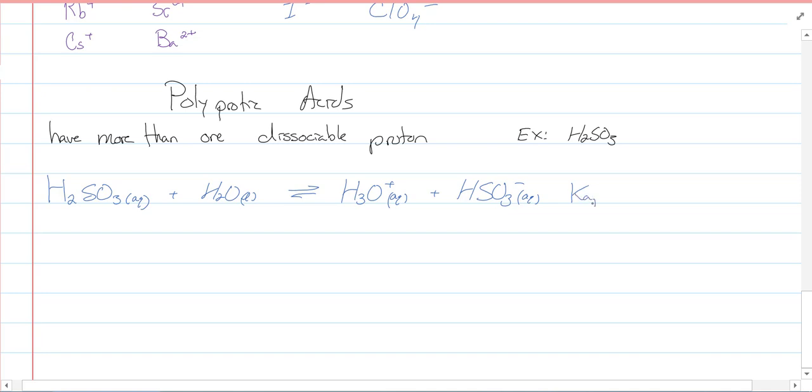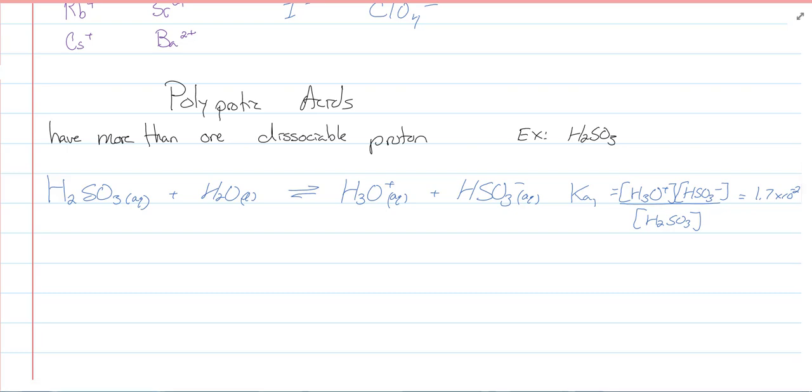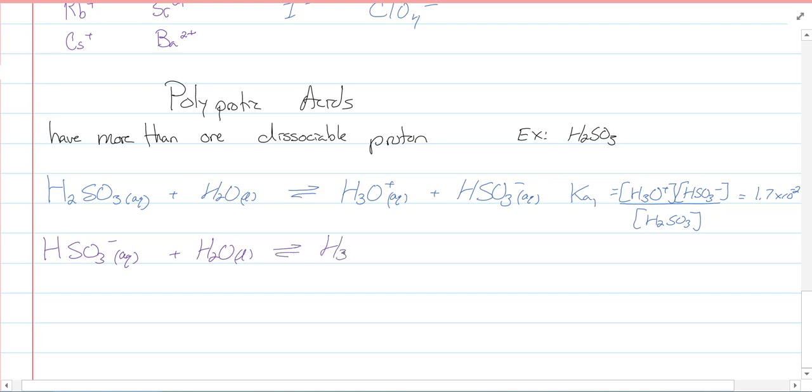And that Ka1 is equal to the concentration of H3O plus, HSO3 minus, over H2SO3, and it happens to be 1.7 times 10 to the minus 2. Pretty decent size. Ka2, almost wrote A2 down: HSO3 minus aqueous and water going to hydronium again and sulfite.